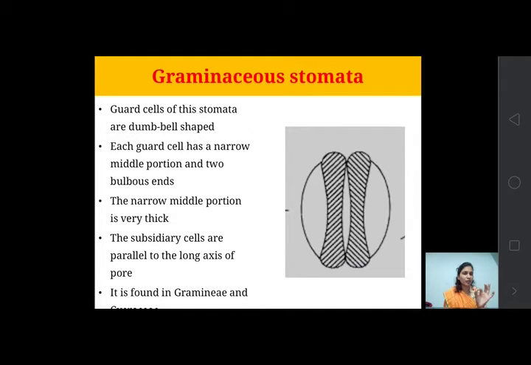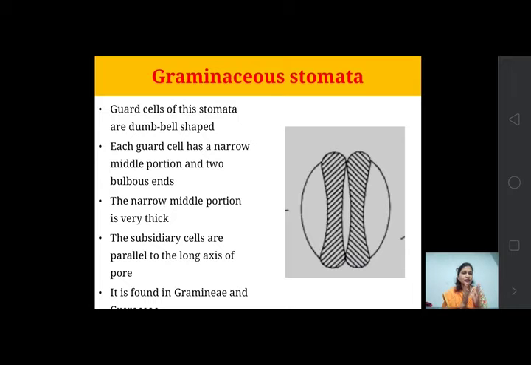You can see at the center a narrow line; that is the narrow middle portion, and the upper and lower parts of the guard cells are somewhat enlarged in size, that is, they have bulbous ends, like a dumbbell. This is the specific feature of graminaceous stomata, and on the basis of the shape of the guard cells you can easily identify them in the epidermal tissue.